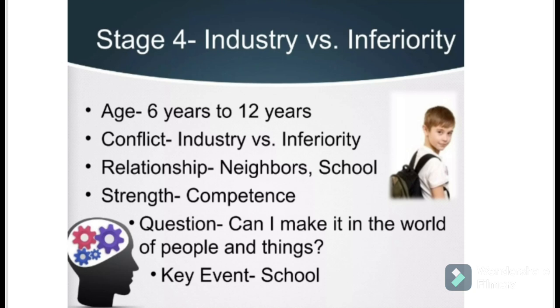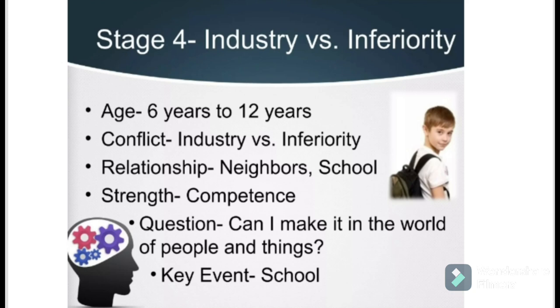If he is getting positive development all through, then the property of industry develops in him. That means he can imagine his own surroundings. But if there is any lack in between in any area, then he will get inferiority, that is, the child will lose his confidence and will not feel empowered or confident. And the key event is school.